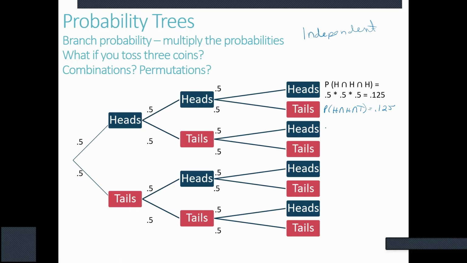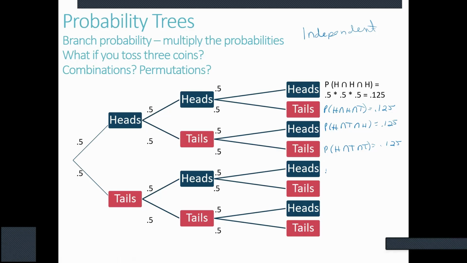This one is a heads and then a tails and then a heads. So still two heads, but in a different order. 0.125. This one only has one heads and then a tails and then a tails. And it's also 0.125.